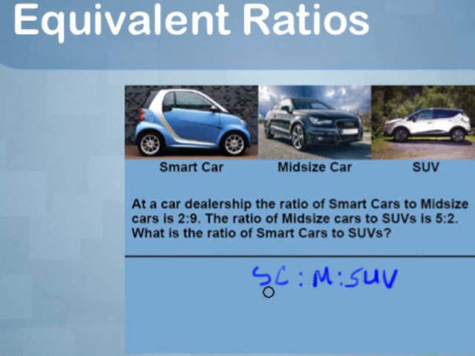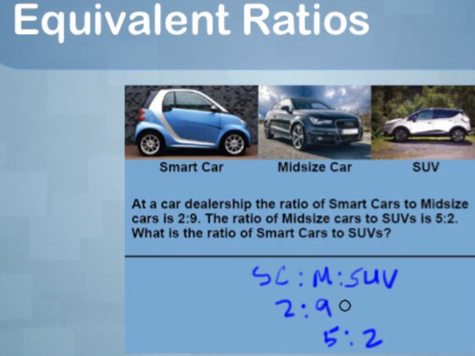We know that the ratio of smart car to mid-size is 2 to 9. And we know the ratio of mid-size to SUV is 5 to 2. If we can generate equivalent ratios so that the value for mid-size is the same for each one, then we can construct our three-item ratio.